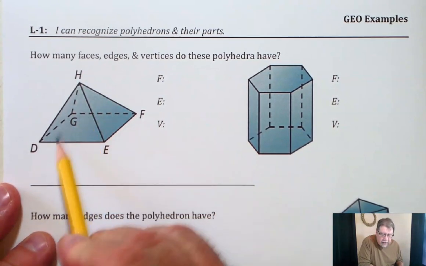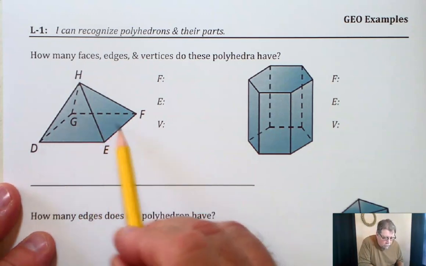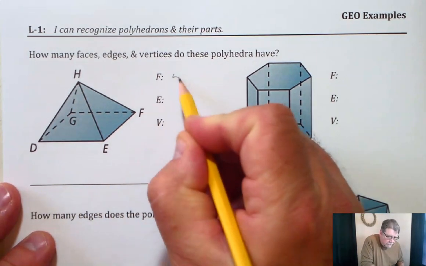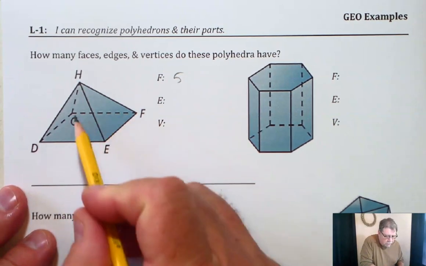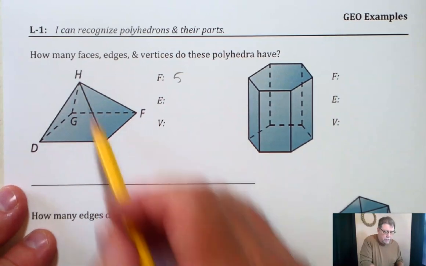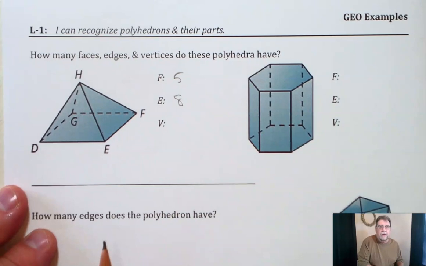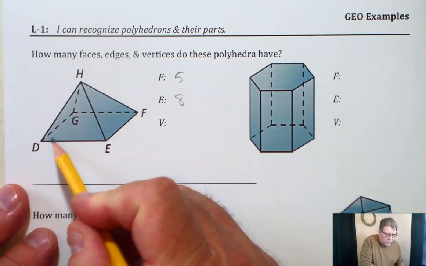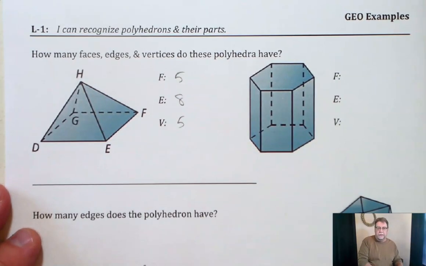Because the bottom is a square or rectangle, we're going to have 4 triangles coming up to meet at that point at the top. So we've got 5 faces. The number of edges, well, let's look at the bottom first. We got 1, 2, 3, 4 edges there. Then we got 1, 2, 3, 4 edges all coming up to meet at point H. So there's 8 edges. And then the number of vertices, we would just count them 1, 2, 3, 4, and then there's a 5th one at the very top. There's 5 vertices.